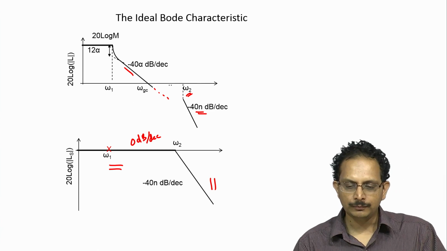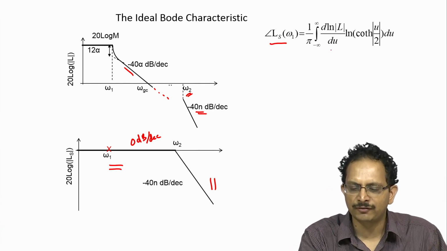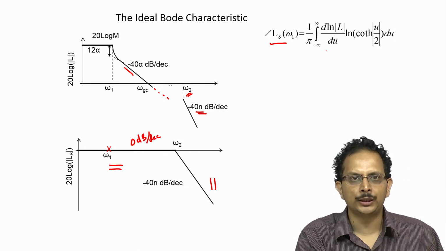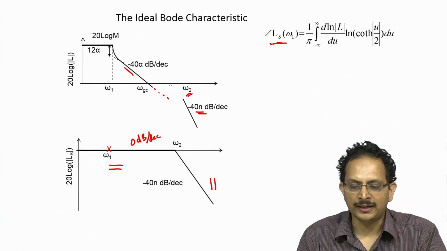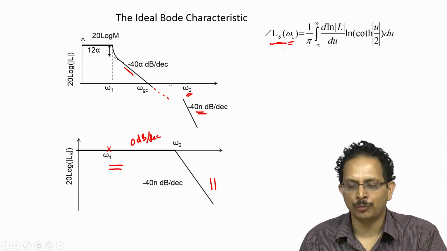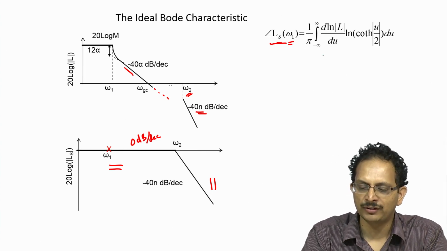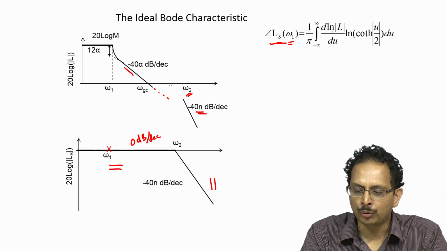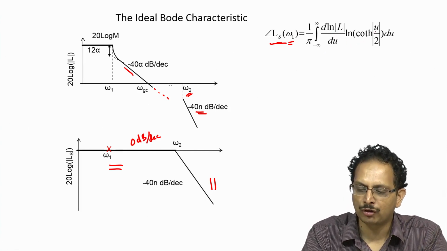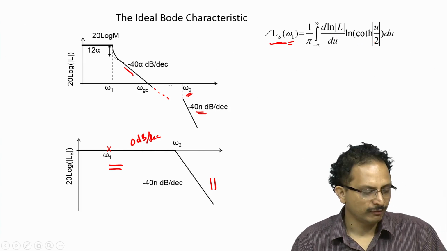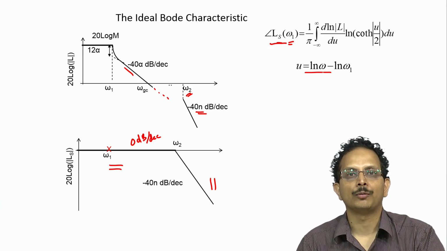So the starting point, as I said, is the famous Bode's gain phase relationship, which we have alluded to in the past. So the phase of L at any frequency, in particular frequency omega 1, is given by 1 by pi times the integral from minus infinity to infinity of d by du of ln of magnitude of L times ln of coth of magnitude of u by 2 du, where the variable u is given by ln of omega minus ln of omega 1.